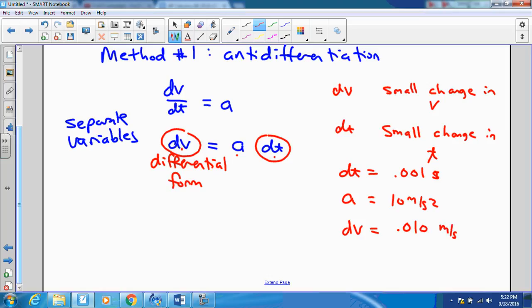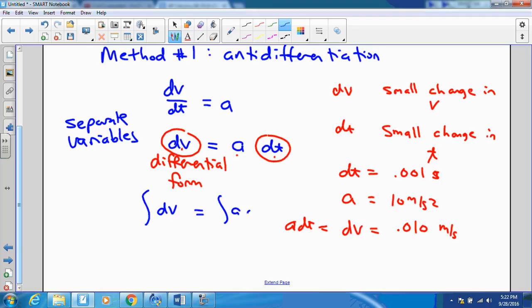It has the units of meters per second. And notice that the units work out, right? This is a times dt, so meters per second squared times seconds gives me meters per second. Okay, so this is the differential form, and what it's doing is making a statement about changes and how those changes are related to each other.